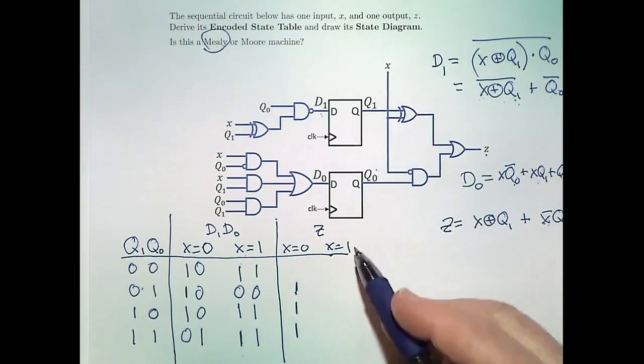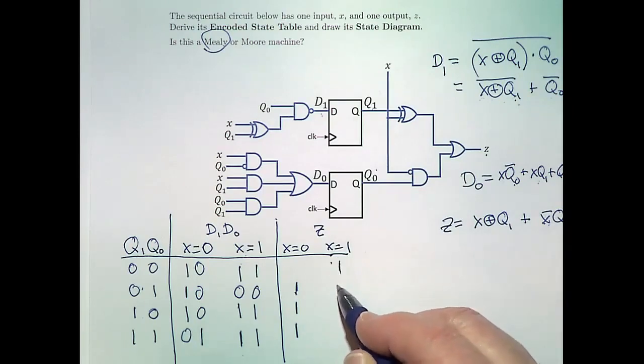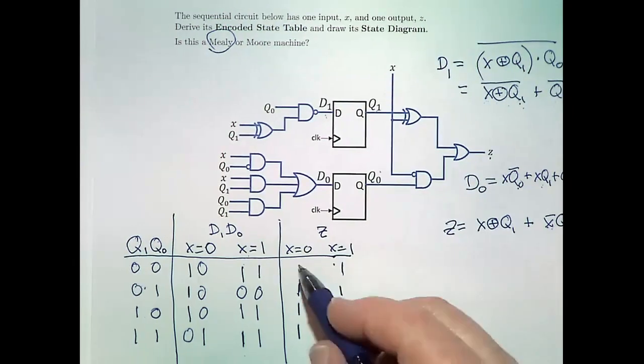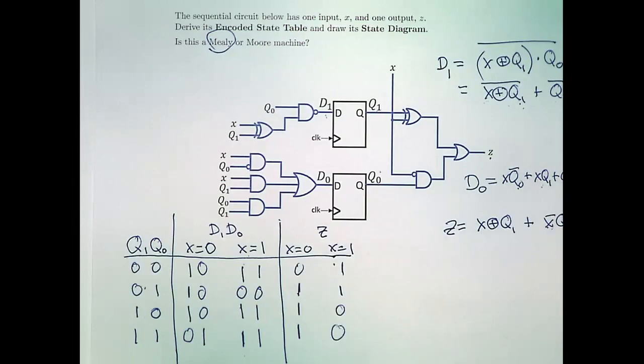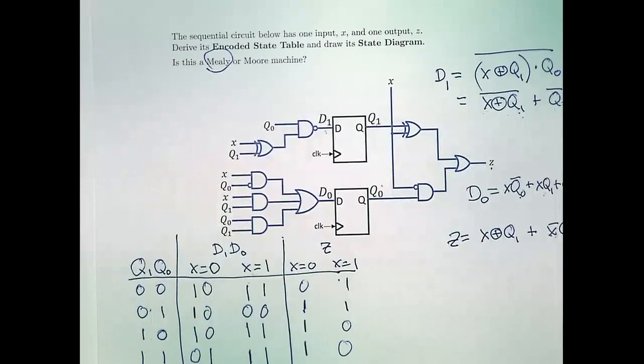And when X is 1, that would mean Q1 would have to be 0, and that happens here. Okay, so we filled in our transition table. Okay, you can use whatever technique you want to fill this in based on the equations. But I highly recommend not doing them one by one.